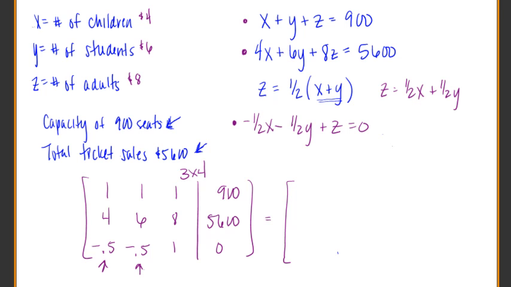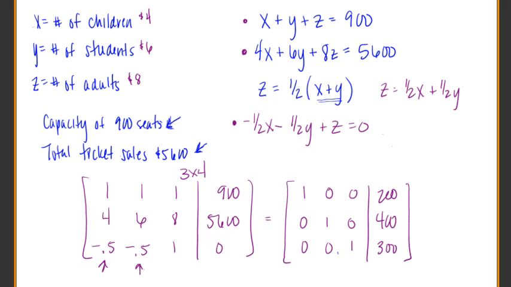All right. When I go through that whole process, what comes out for me is a matrix that looks like this. We have 200, 400, and 300 in our solution column. And if we double check real quick, 2 plus 4 is 6, and 3 is 9, so there's a total of 900 in there. That's great.